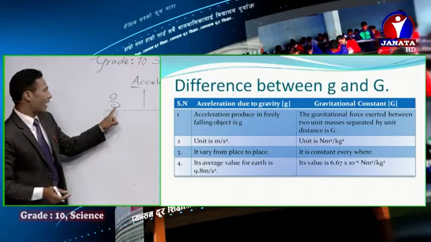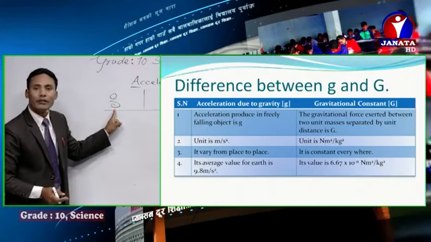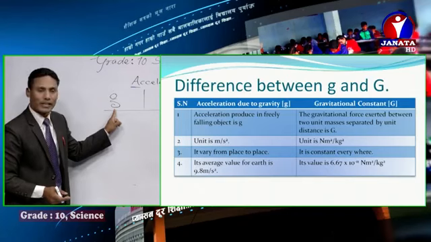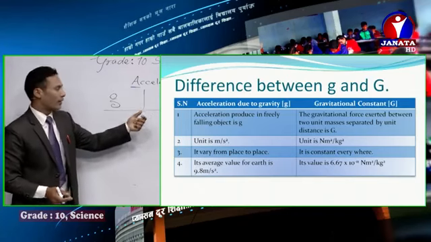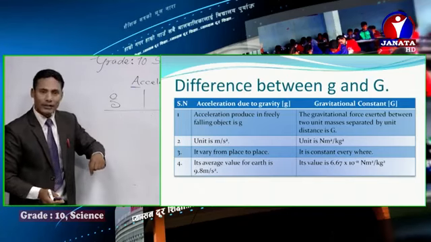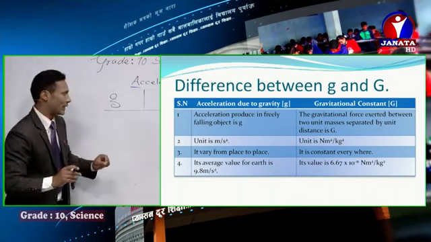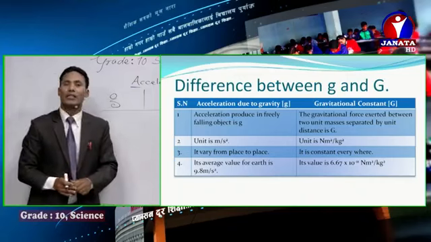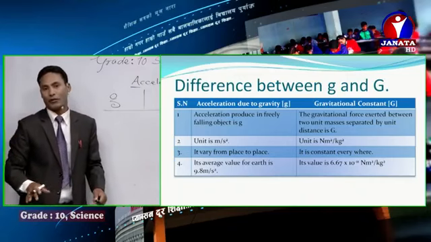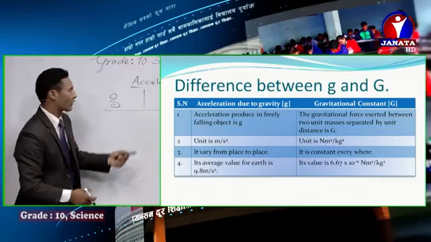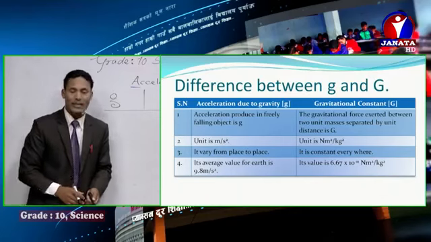That means the value of g varies from place to place. For example, previously we discussed the value at the polar region and at the equatorial region, and they are completely different, isn't it? But the value of capital G is constant everywhere. Wherever you check, capital G is constant.